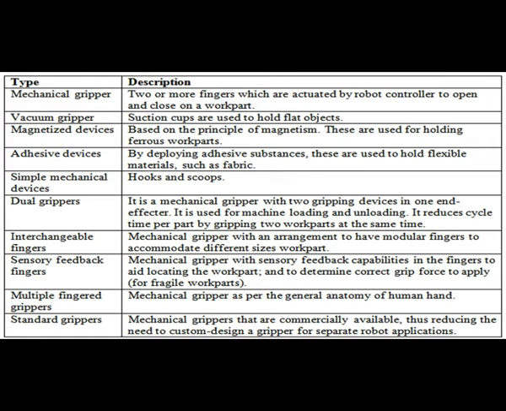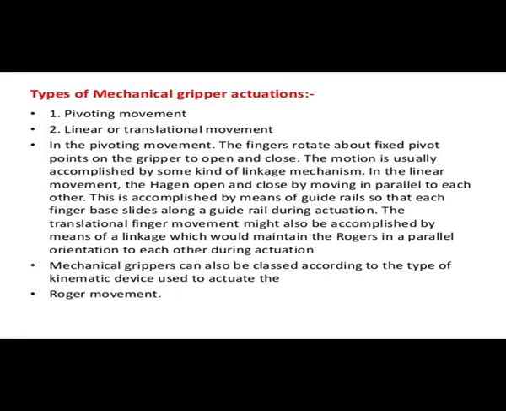Multiple fingered grippers. This type of gripper follows the general anatomy of the human hand. Standard grippers. Mechanical standard grippers are commercially available, thus reducing the need to custom design a gripper for separate robot applications.